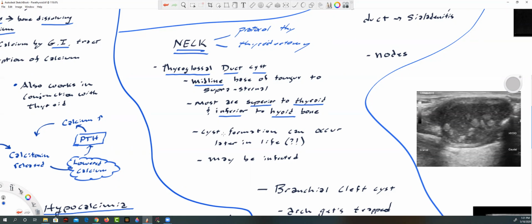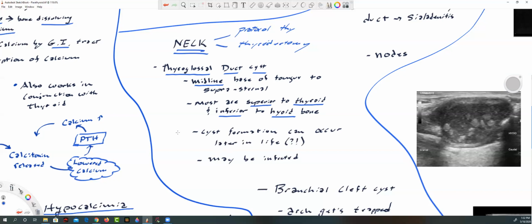I couldn't believe your book read that the cyst could form in childhood, young adult, or older adult, and I found that very strange because most of the time when you have a ductal cyst like this, whether it's a urachal cyst from the bladder to the belly button, it is there from birth because it failed to close in utero.